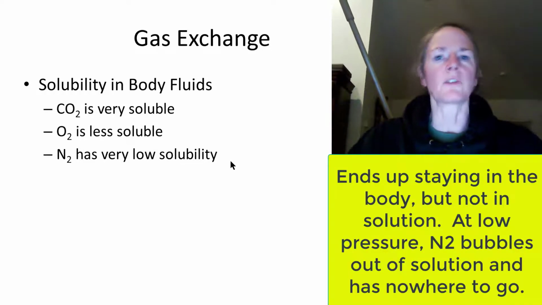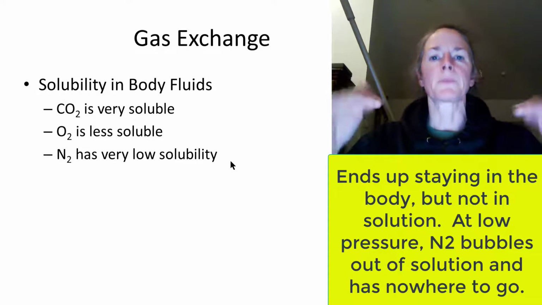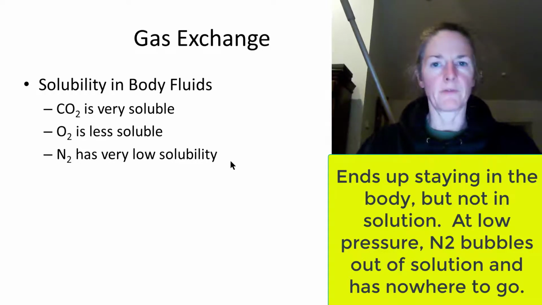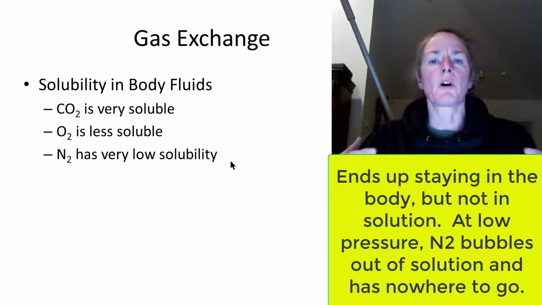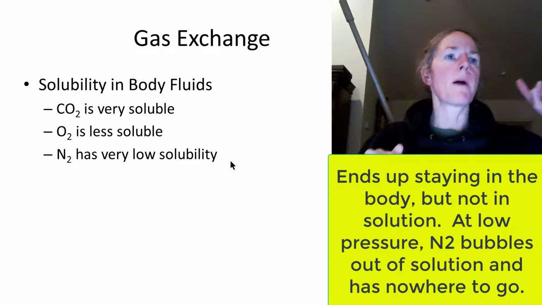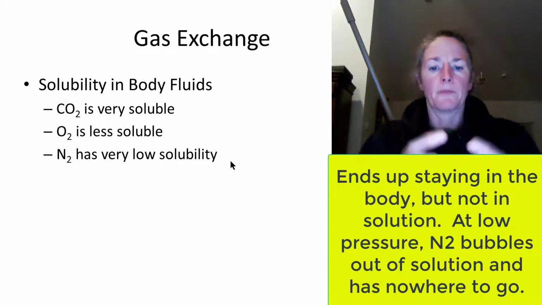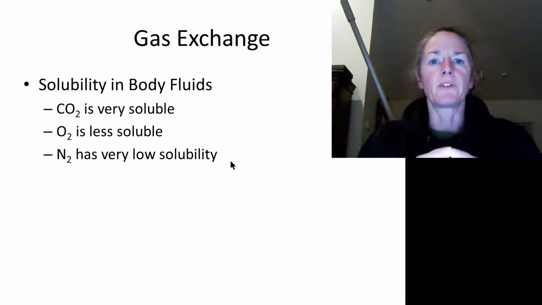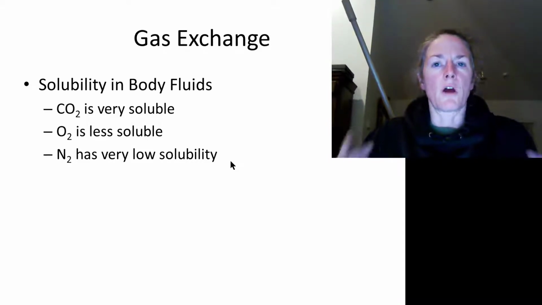And this is why divers, when they come up too quickly from depths at very, very high pressures, and they've breathed this compressed air and filled their lungs entirely, get the bends. We talked last time about the fact that at about 10 meters underwater, the volume in your lungs halves if you're just carrying your own oxygen from the surface. But if you're breathing compressed air, well, now you're occupying your full volume of lungs.